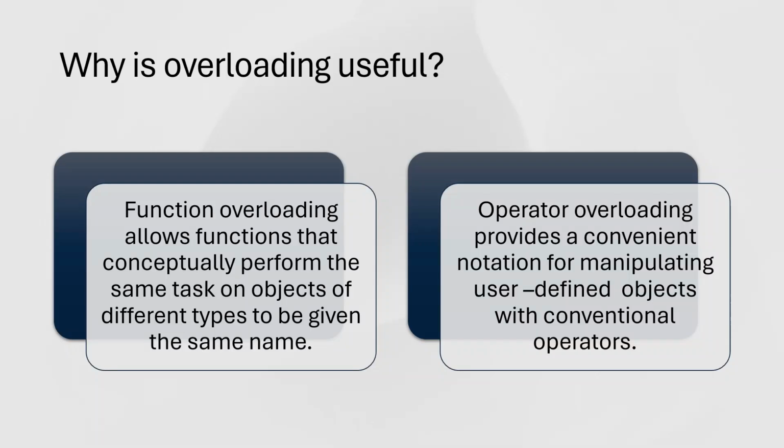The task is the same, for example adding two numbers, but the types of the objects will be different. Operator overloading provides a convenient notation for manipulating user-defined objects with conventional operators.